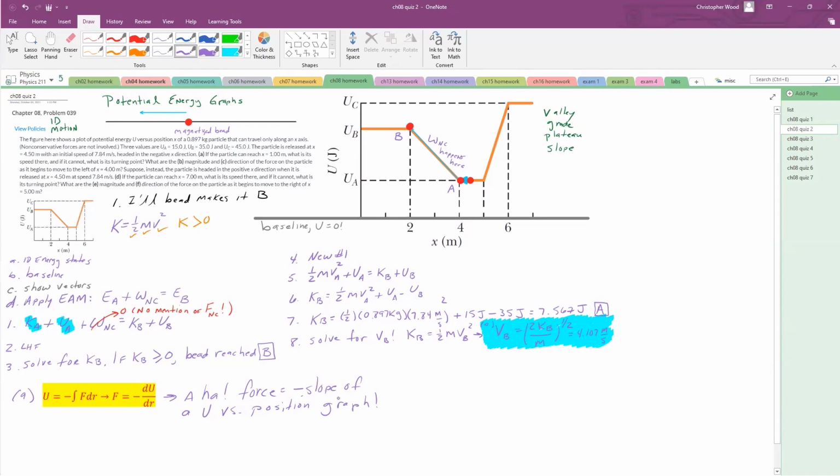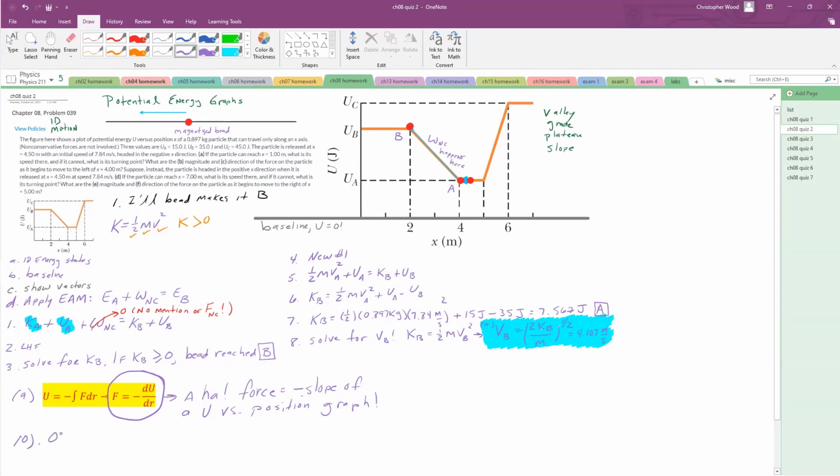So major foundational step, the relationship, look at all the stuff it's tying together. It's tying together work and potential energy and force. That's obviously important. There's a lot that needs to go into the understanding of that, and you really do need to get that understanding by watching the videos.